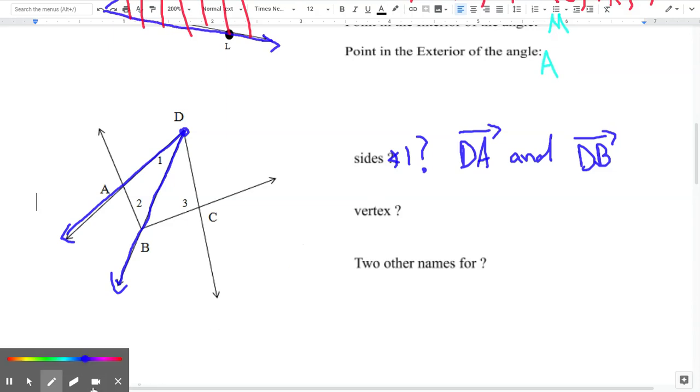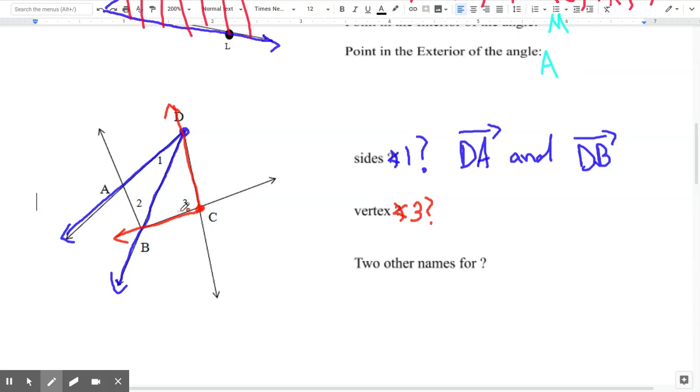The vertex question is supposed to be for the vertex of angle 3. So let's fill that in as well. To find this, we need to find where the 3 is located and figure out what corner it is located in. Here is the corner at angle 3, and you could trace the sides of that angle to where 3 is in between these two sides.